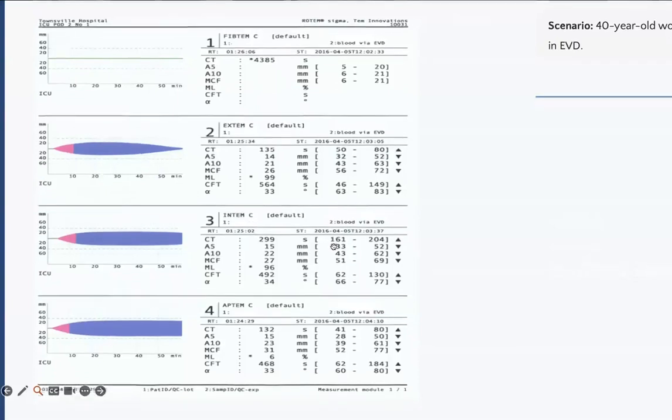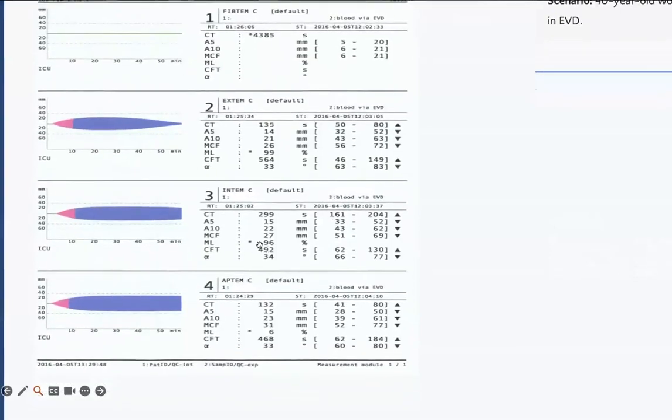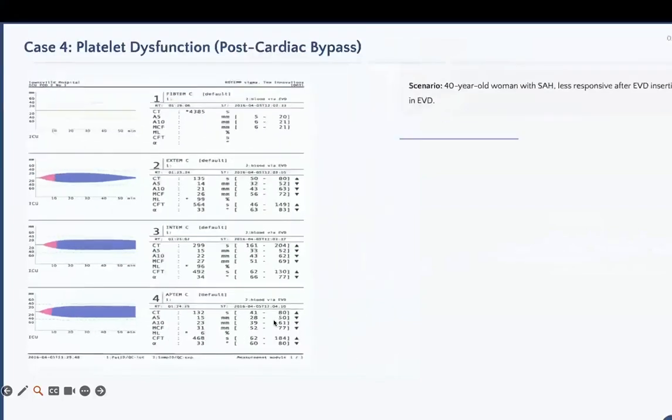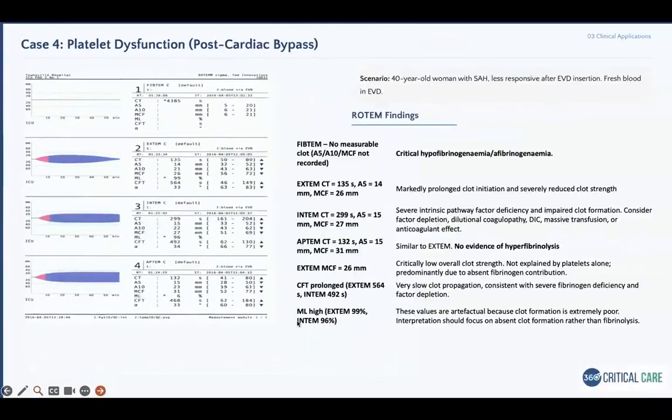Okay. Now you look at the clot lysis, 96%, and on APTEM it is 6%. Okay. So interpretation wise, critical hypofibrinogenemia, because there is none, you can see there.